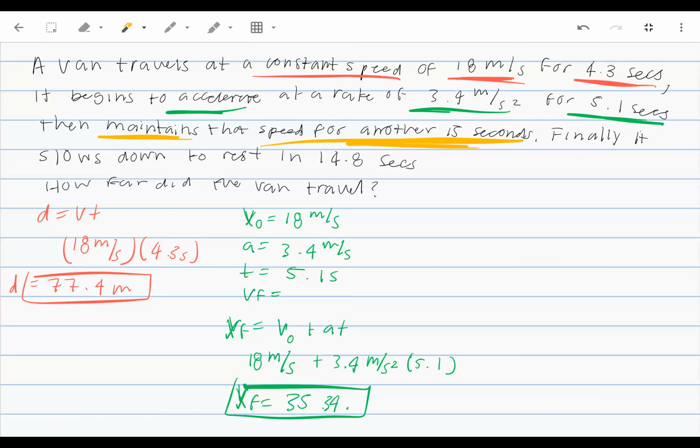Here you want to use a different equation, and also take care of any variables you know or are missing.